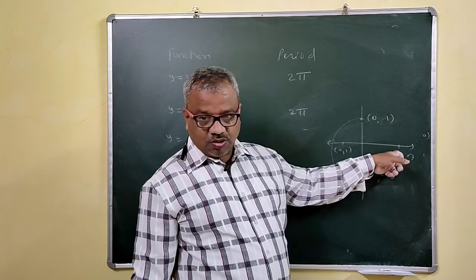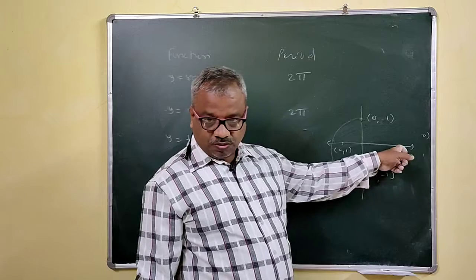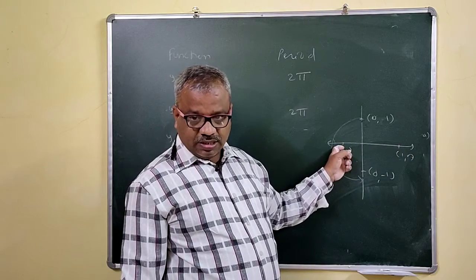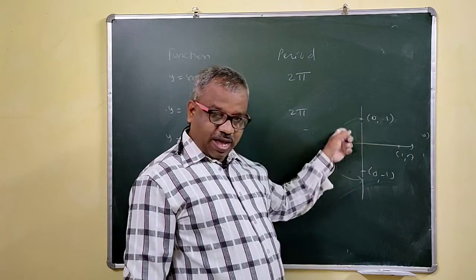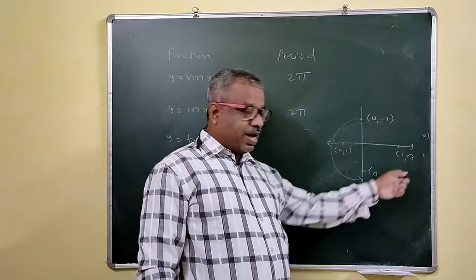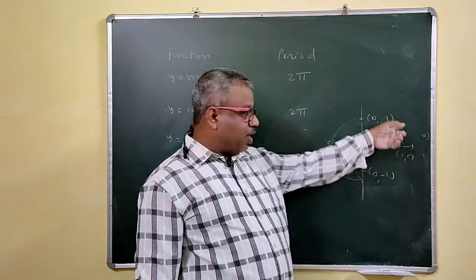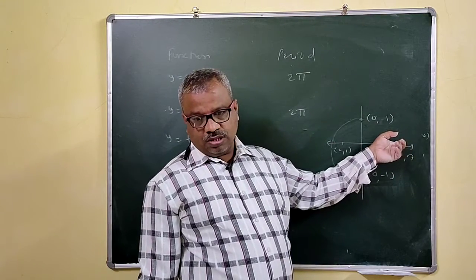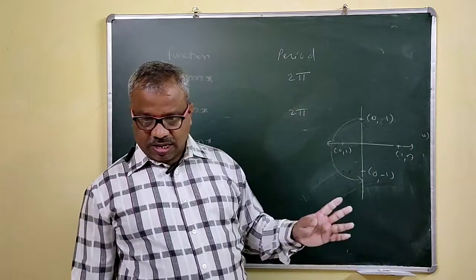Tan 0 is 0. Tan pi is 0. That means after pi it is the same. If you again add pi, it is 0, and again add pi, it is 0. After pi, it is the same.